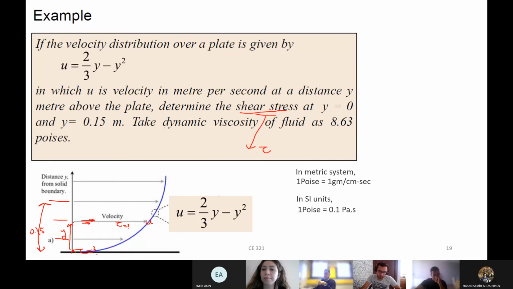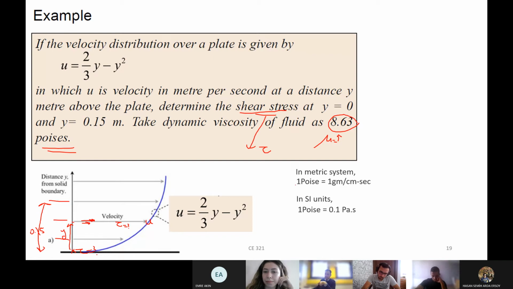Take the dynamic viscosity of the fluid as this value. Dynamic viscosity, good. So mu is already given, but the unit is different. The unit is poise, which is taken from the metric system.